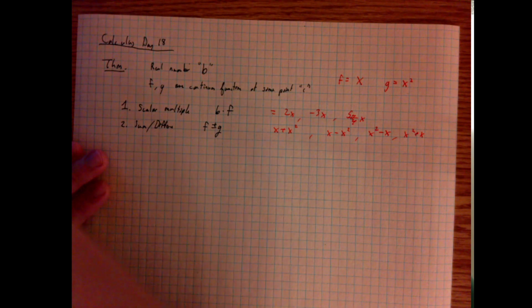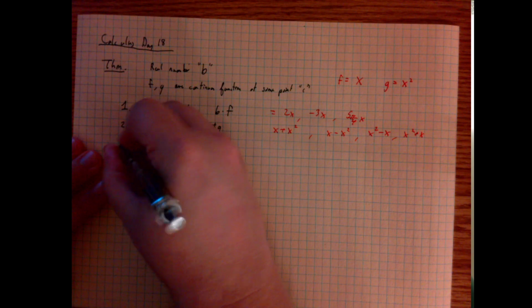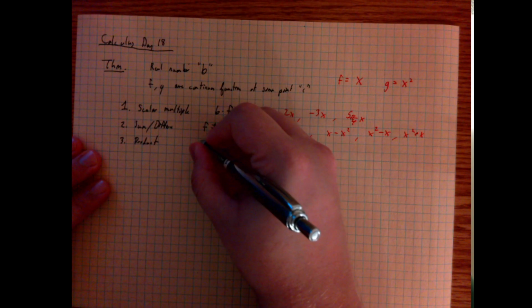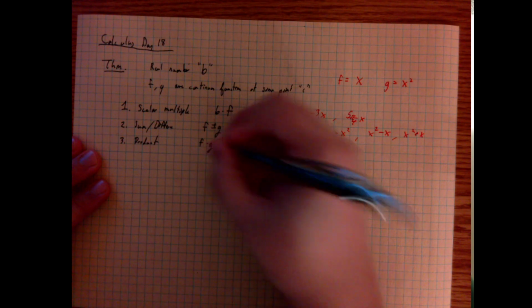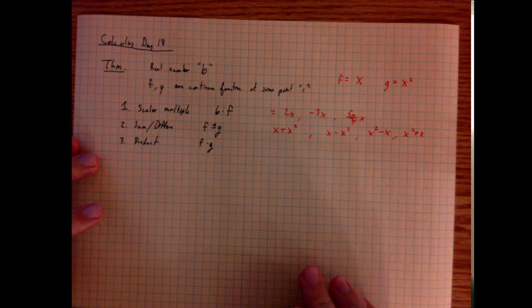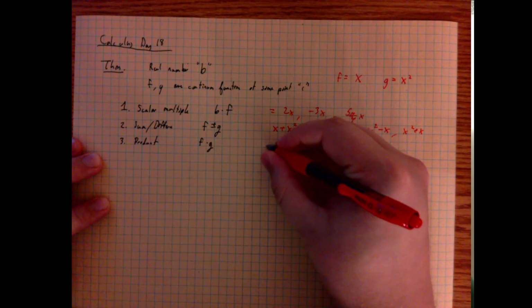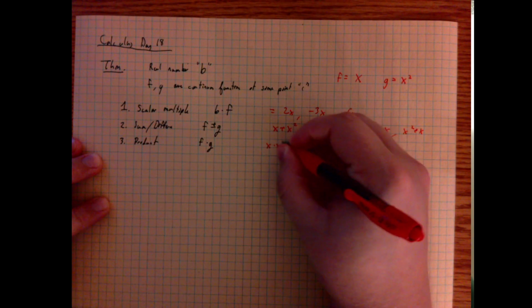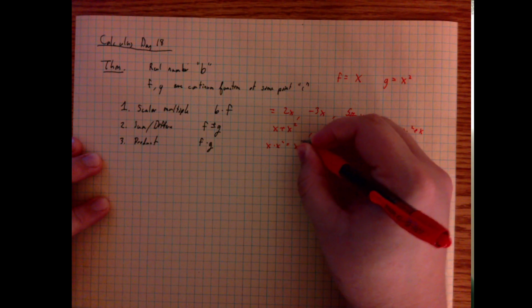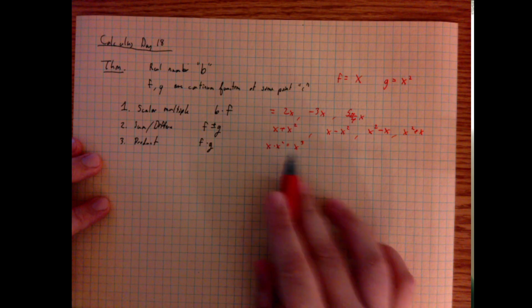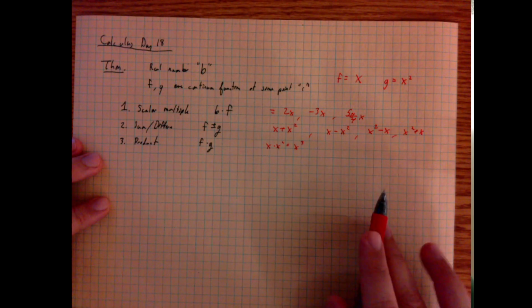So basic combinations of all these functions also have to be continuous. Next one's the big one. Number 3, it's the product. As long as f is continuous and g is continuous, then if you multiply them, they will also be continuous. So if we multiply x times x squared, then we also know x cubed is continuous. If you multiply this new one times x or x squared, we can keep building bigger and bigger ones.